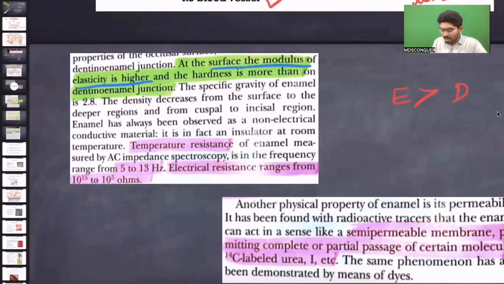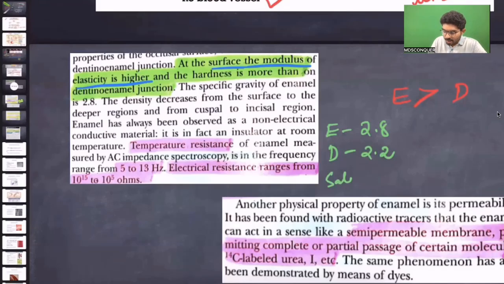Okay. So can you tell me what is the specific gravity value of enamel? The specific gravity value of the enamel is 2.8. Dentin, anyone? What is the specific gravity value? Yes, perfectly right. Dentin has a specific gravity value of 2.2.